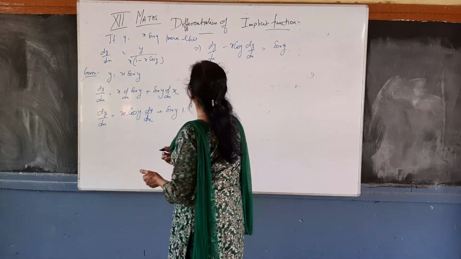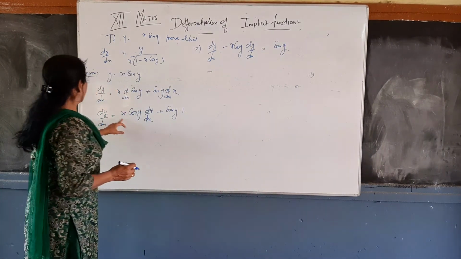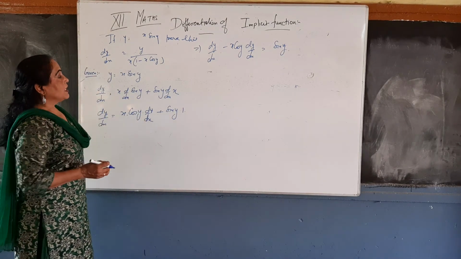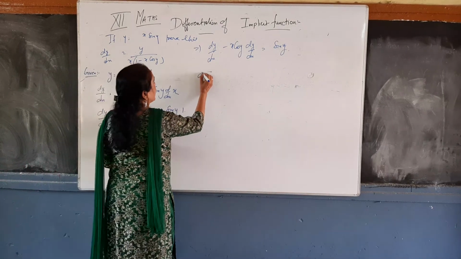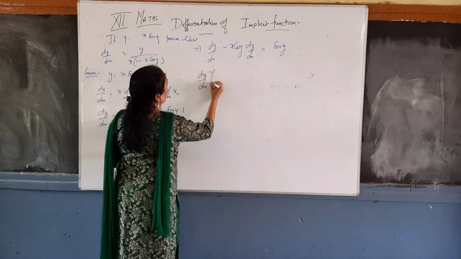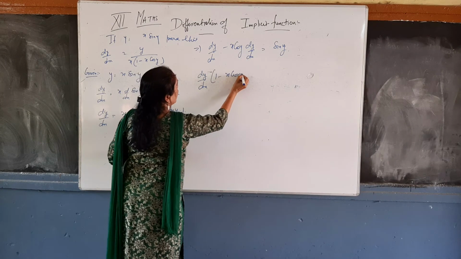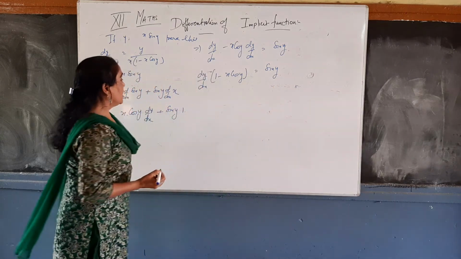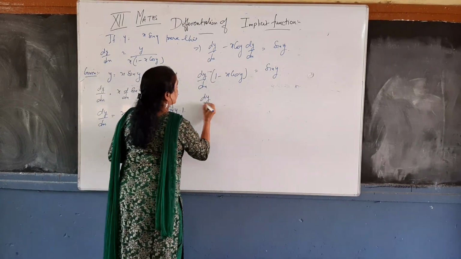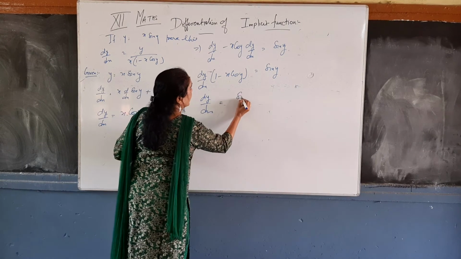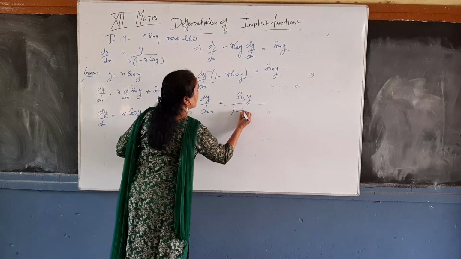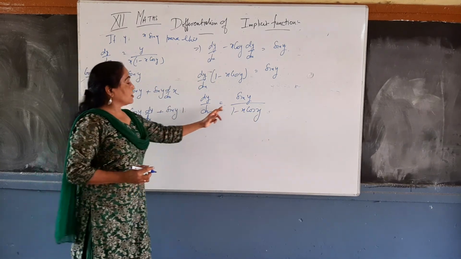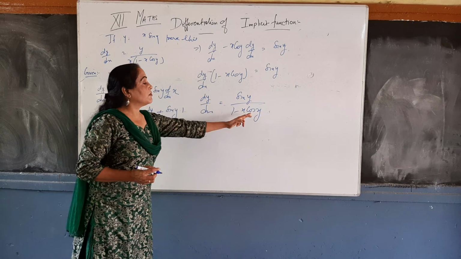Further, take dy by dx common, so we get 1 minus x cos y, equal to sin y, or dy by dx is equal to sin y upon 1 minus x cos y.